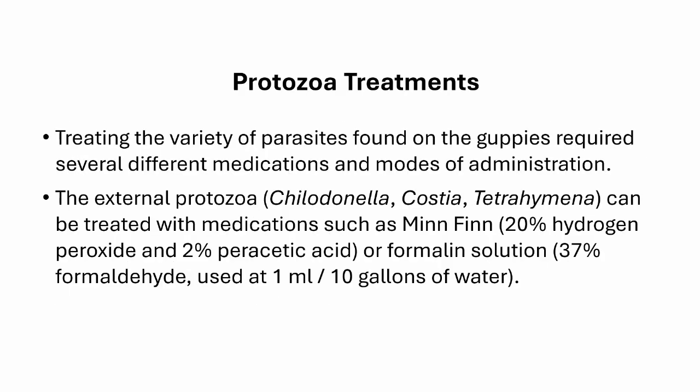Treating the variety of parasites found on the guppies required several different medications and modes of administration. And so we already mentioned what we were using there. And also we used formalin solution, which is commonly seen in over-the-counter ick medicines, which contain formalin and methylene blue or malachite green or similar compounds.